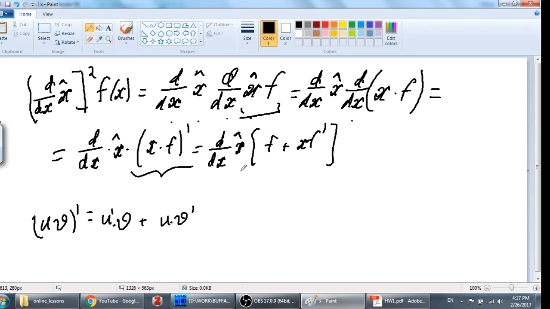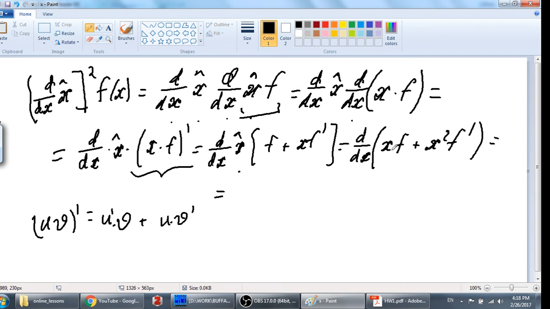Now we think about this operator. It acts on this whole function, the sum, to multiply the sum by x. So we get d over dx acting on x times f plus x squared times f prime. And again, this is nothing but the prime over this whole expression.